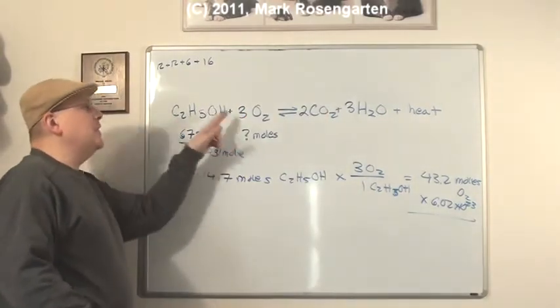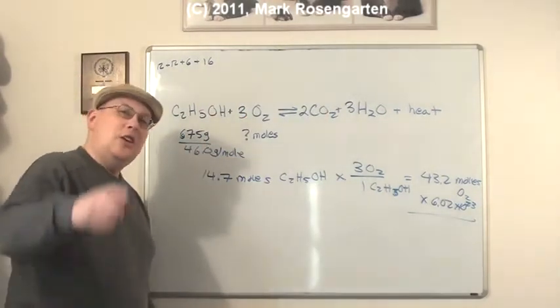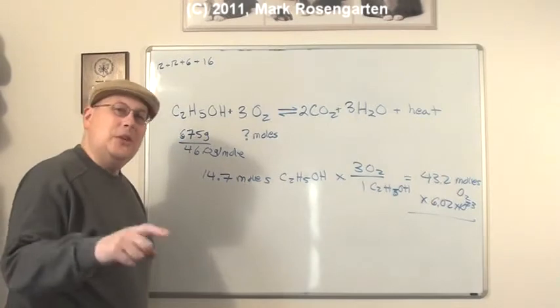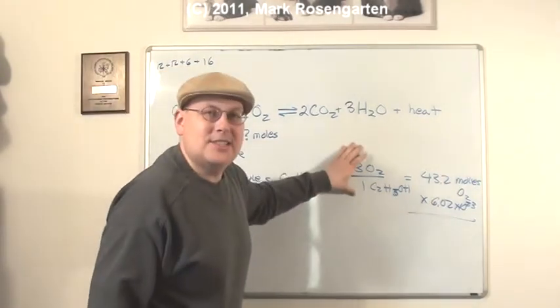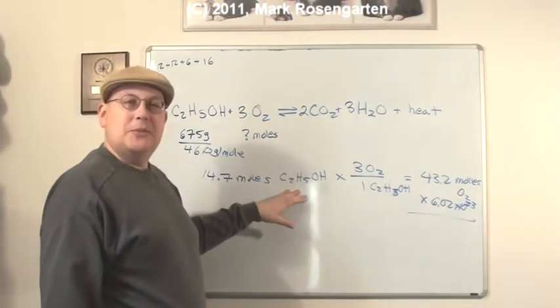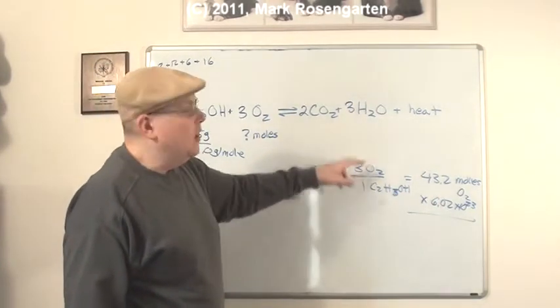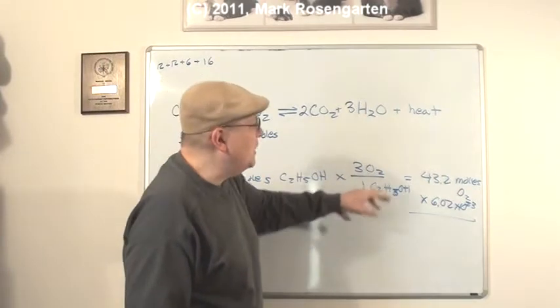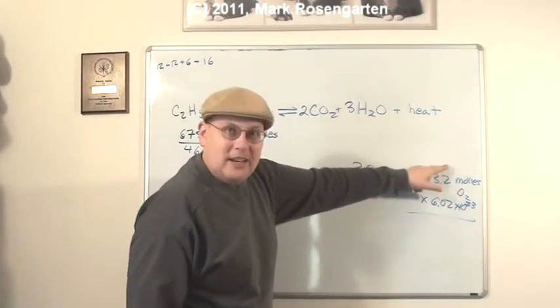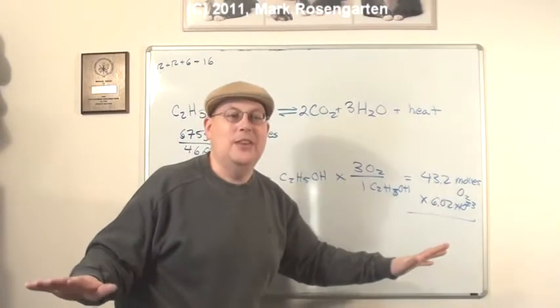So the coefficients of the balanced reaction are your key to doing stoichiometry problems. You have to remember to do this step. Multiply the moles of given by the ratio, coefficient of target over coefficient of given. This will give you moles of target, and then you can do whatever the heck you want to with it.